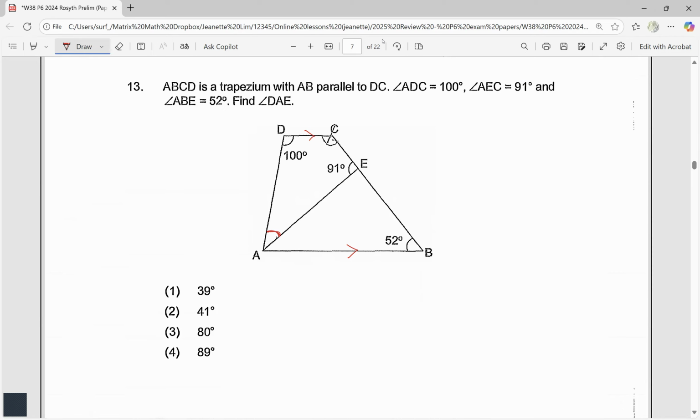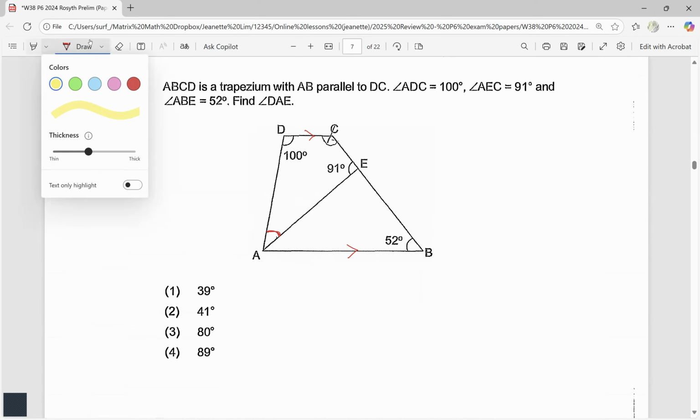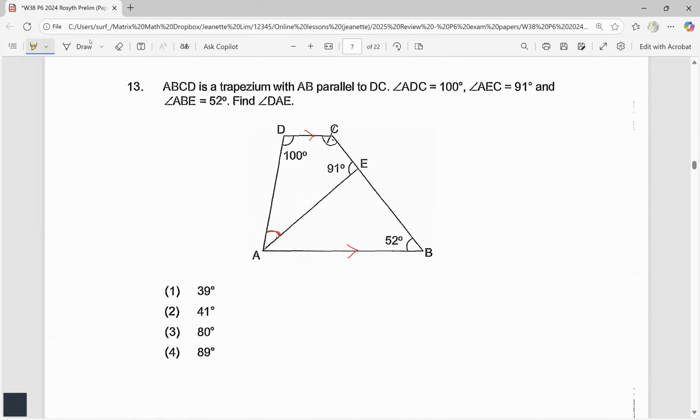Okay, so firstly, when you have parallel lines, right? You can apply a few different properties. Over here, you can apply an interior angle. It looks like the U shape one. So here, they add up to 180.